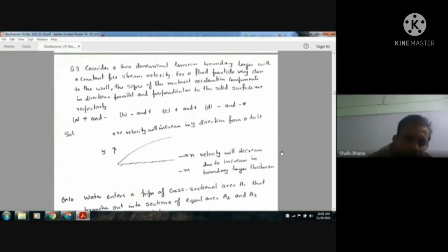Very close to the wall, when we go in this direction, the velocity will decrease. So in the x direction it will decrease and in the y direction it will increase. So the answer will be option B, positive velocity in y direction, and velocity will decrease due to increasing boundary layer thickness. So the answer will be B.